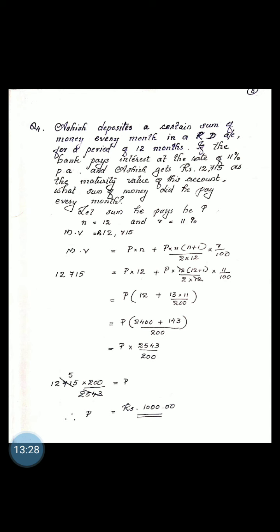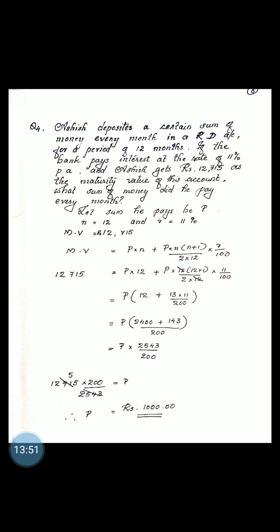These two can be cancelled and we get 5. 5 into 200. So P is equal to rupees 1000.00. When you write the answer, you have to write the answer in rupees and paise. Remember that. Otherwise, you will not get full marks.